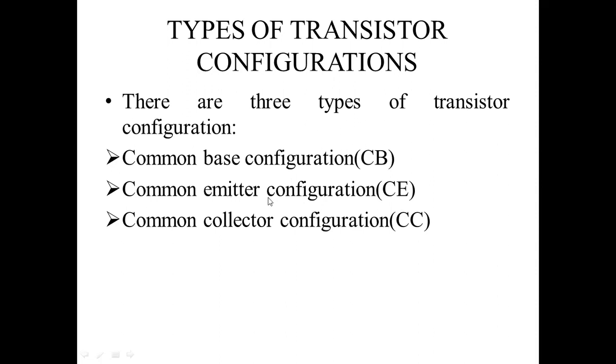Previously we discussed the diagram. According to that diagram, we take the base as common while giving the supply, which is the common base configuration. The base is connected in common for both emitter and collector.